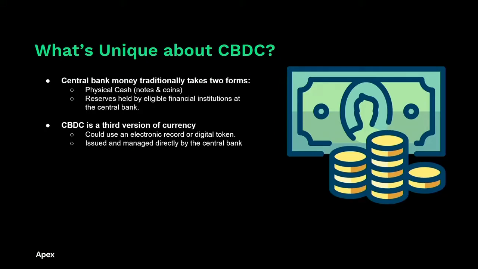And CBDC really fits this interesting niche. First, it's digital. If you see bullet 1 where it says physical cash, that's where CBDC is different. It's not physical, it's digital. The second is intermediation. It's not intermediated. It's actually a direct liability of a central bank.